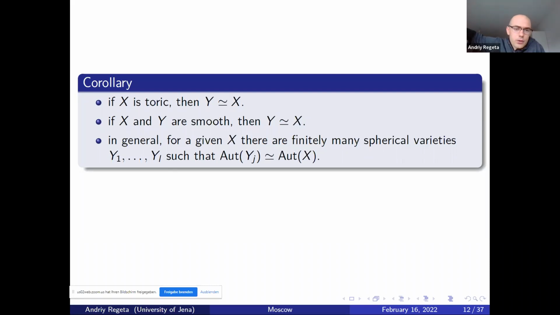I mean, this is just a consequence of the result by Ivan Losev, that there are finitely many. So it would be nice, of course, to prove that there is only one. But so far, we could not do it.